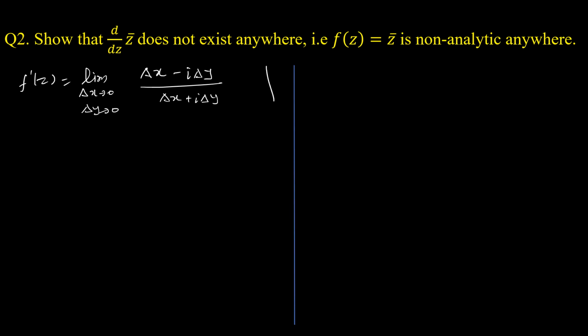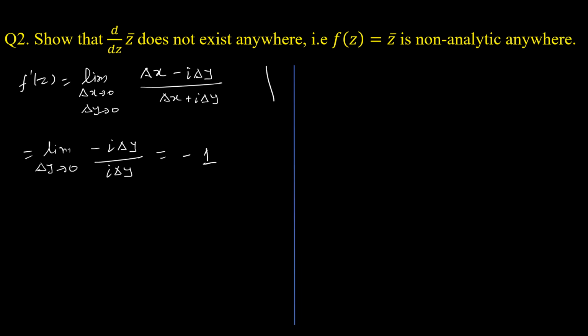So along the y-axis, it can be written as limit del y tends to 0, del x will be 0, so it is minus i del y upon i del y. By solving, it is minus 1.